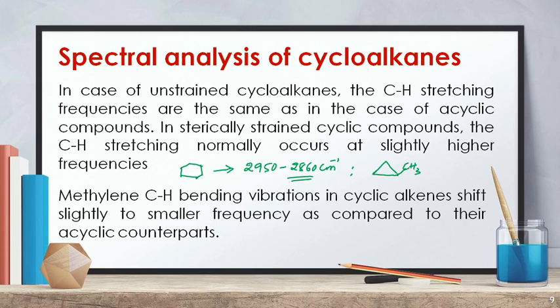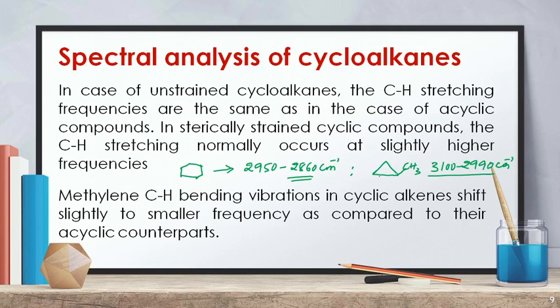In sterically strained cyclic compounds, the CH stretching frequency normally occurs at slightly higher frequencies. Slightly higher means it may be at around 3100 to 2990. This is the range of absorption frequency for CH in sterically strained cyclic compounds.